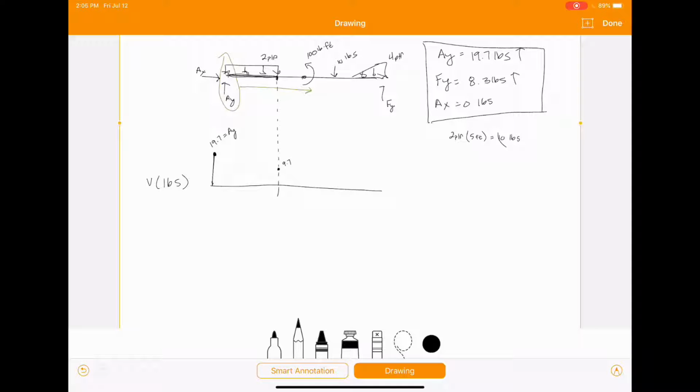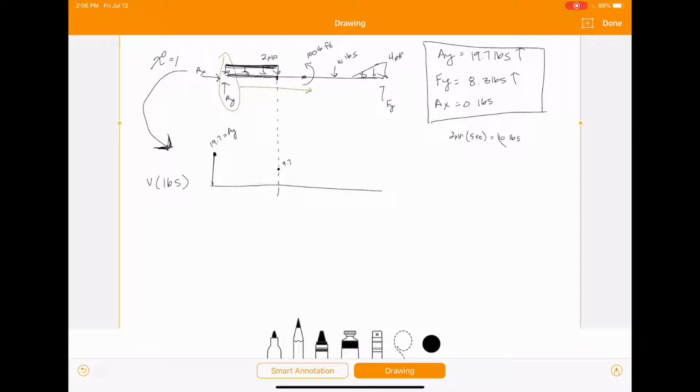Now, when we move from our beam loading to our shear diagram, we're going to increase our X value by 1 power. So in this case, we have a constant load right here. So we have an X to the 0 power up here, which just translates to 1, right?